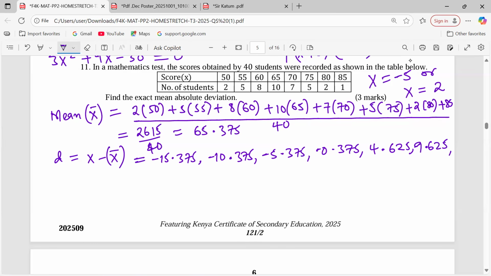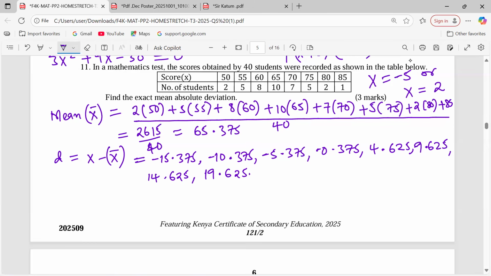That's after 75. So we go to 80, comma, 80 minus 65.375, giving us 14.625, comma, then 85 minus 65.375, this is 19.625.